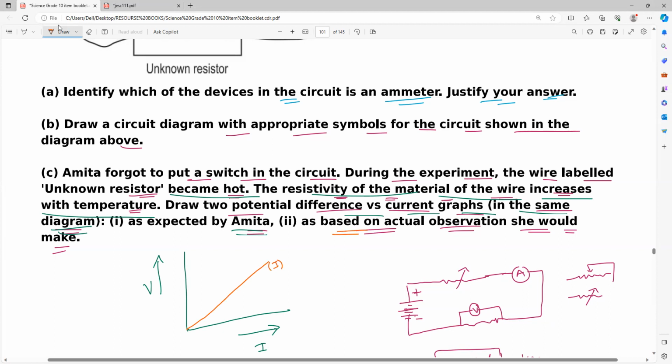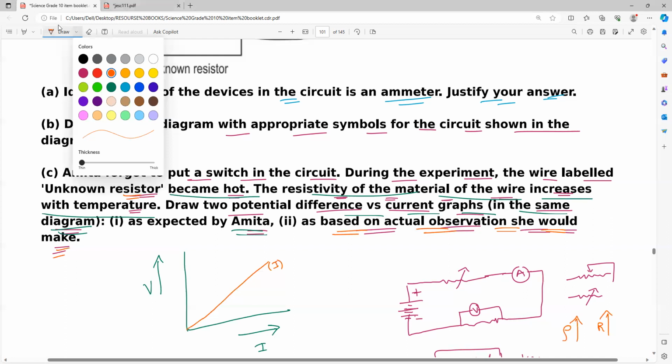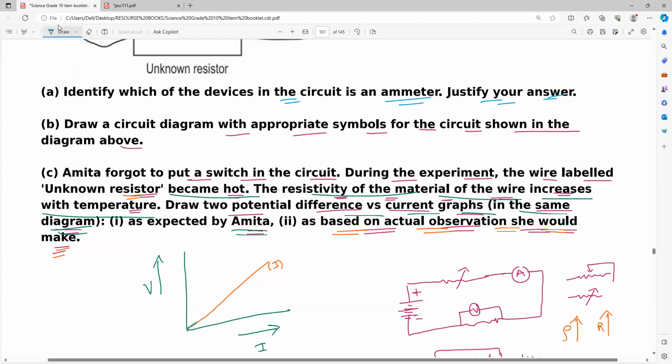But based on the actual observation she would make, what will happen? Temperature rises, so resistivity increases. Resistivity increases, resistance also increases. But in the beginning it will remain the same. So up to a certain point, the V-I graph will follow the same path. But suddenly, as the resistance rises, because resistivity increases, resistance also increases, because temperature is increasing and it becomes hot.